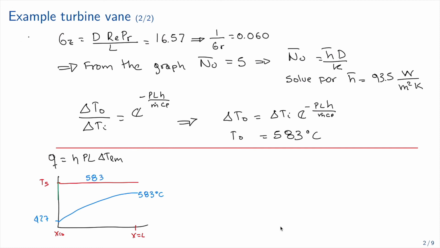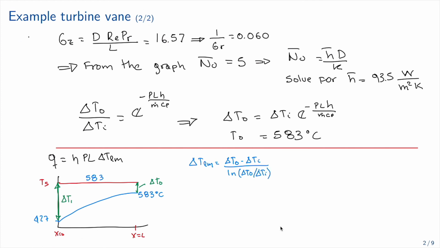The first one is called delta T at the inlet, and this is delta T at the outlet. Now delta T log mean is equal to delta T0 minus delta T at the inlet divided by the natural log of delta T0 divided by delta Ti.